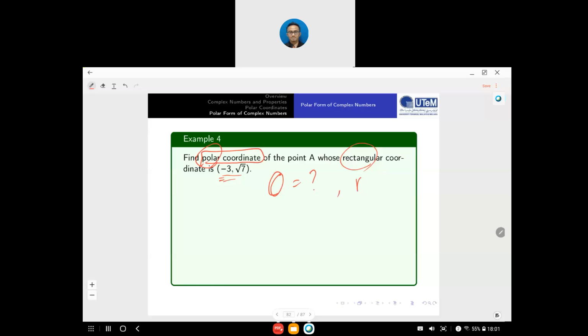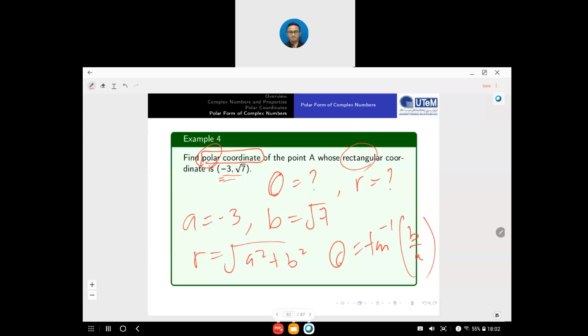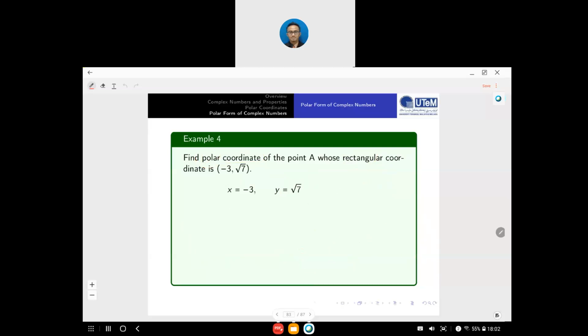A equals 4 squared plus your B, negative 4, negative 4 squared. So you get 16 plus 16, which equals 32. When you solve this, square root of 32 also equals 4 root 2. If you give either answer it is also correct, you can choose either one. And then we can find theta.